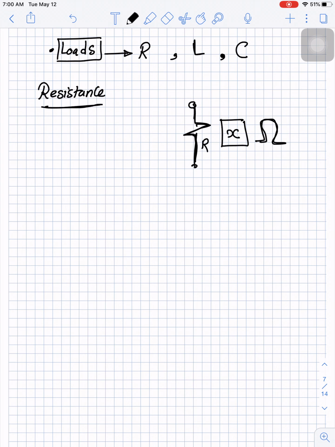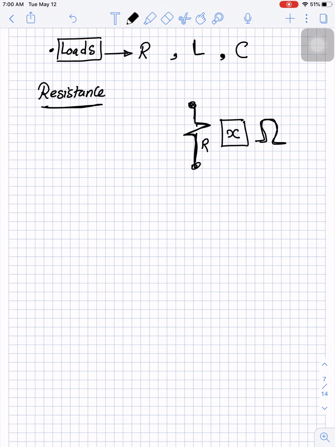Now, if you have a resistance, it has two terminals. Between these two terminals, there is a voltage difference that we don't know. And also there is a current going. This current can be going down or up, so there is a direction also. So if we have a resistance, we don't know where the current is going, what the value of this current is, where the voltage polarity is, and what the value of this voltage is.